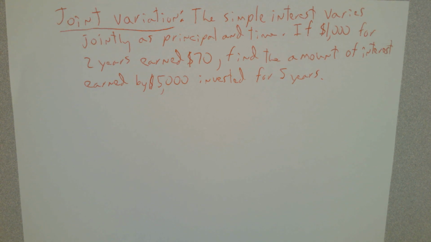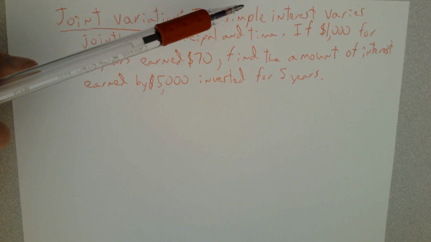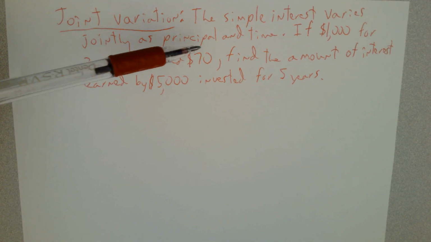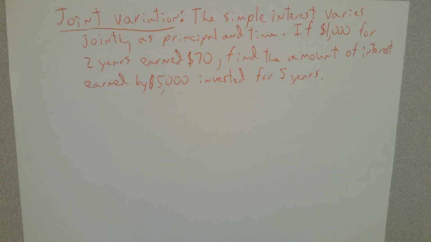For this one, we're going to be going over a joint variation word problem equation setup. This is an application problem, and they tell us the simple interest varies jointly as principal and time. Principal is the amount of money you initially invest or borrow.